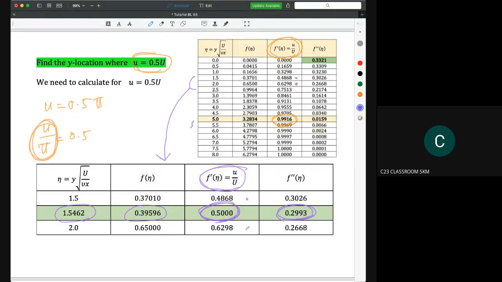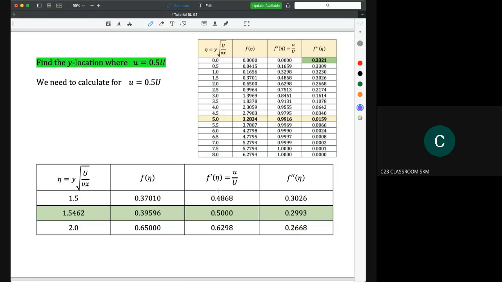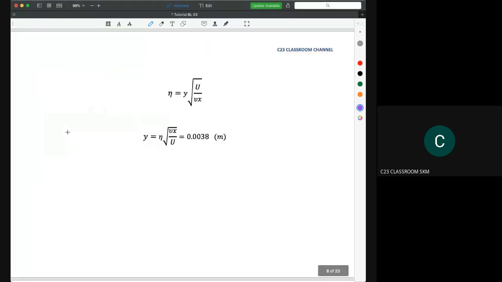So if you are not using the decimals, you just round up, maybe it will give you an answer with big errors. Okay, so from here we calculate and we have a new table like this. And then we could start to calculate.